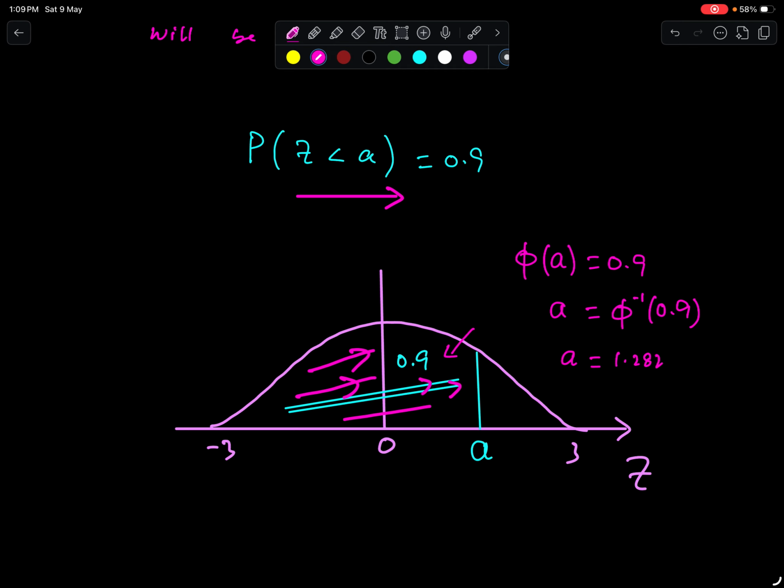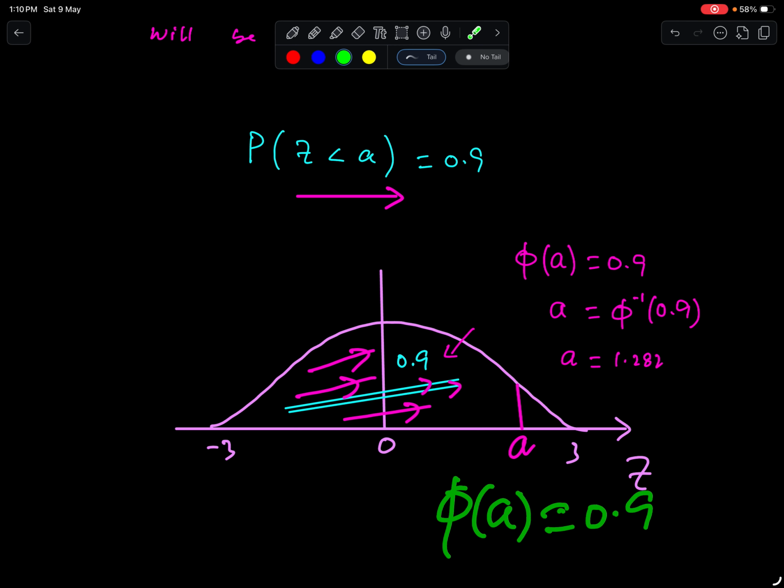Got it? Since this area is greater than 0.5, so we cross the central line. Till central line area is 0.5, so 0.9 maybe is here. Alright, so this is large area, so it should be phi A is equal to 0.9.